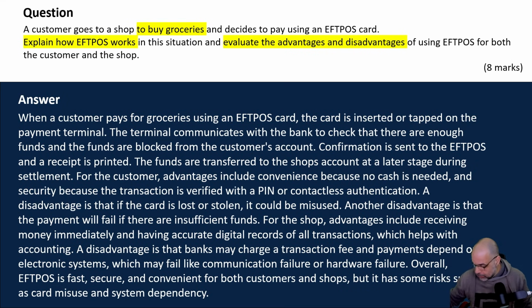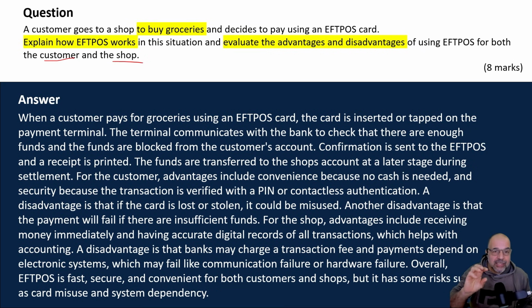I should have highlighted that. I didn't, but this is important. For both the customer and the shop, very important. So you want the advantage and disadvantage of both. And I've made this an 8-mark question. And I've done this because this really encapsulates everything about electronic funds transfer point of sale and the advantages for the customer and the shop all in one question.